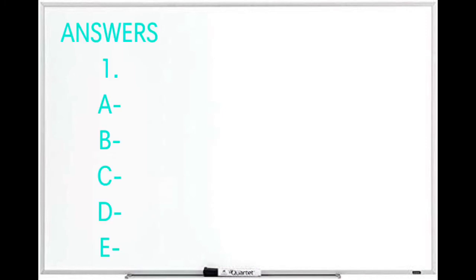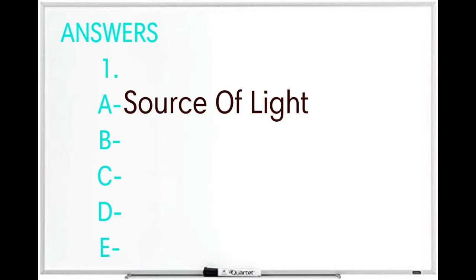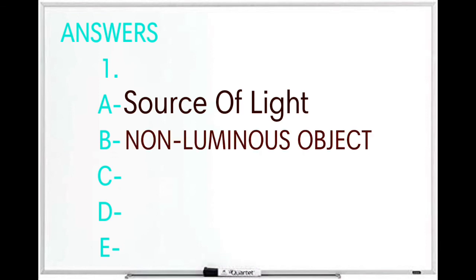So now let's try some questions. Question 1 is fill in the blanks. A. Sun and stars are source of light. B. Moon is a non-luminous object. C. Light is a form of energy.